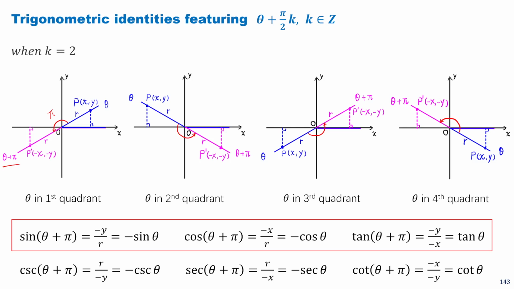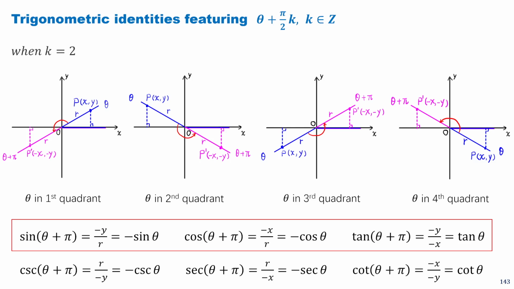And therefore, if you consider this angle here, sine of that angle equals the y coordinate of that point over r, which is negative y over r. And y over r is sine theta. Therefore, we have sine theta plus pi equals negative y over r, which is negative sine theta, right? And similarly, cosine theta plus pi equals negative cosine theta. And tangent theta plus pi equals tangent theta. You get it?